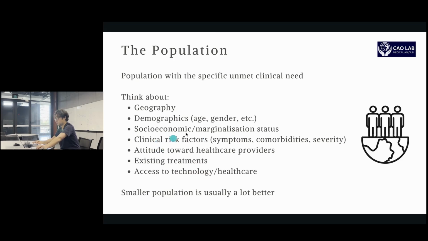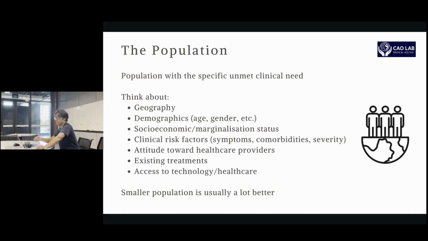Think about clinical risk factors. So for example, we had obesity as a clinical risk factor, right? We had pregnancy as a risk factor. Maybe genetically, they're predisposed to having intubation issues, right? Attitude towards healthcare providers. There's a lot of people who don't trust the healthcare system, right? So maybe there's some kind of population whereby you want to treat those who have a strongly negative attitude towards healthcare providers for some reason.